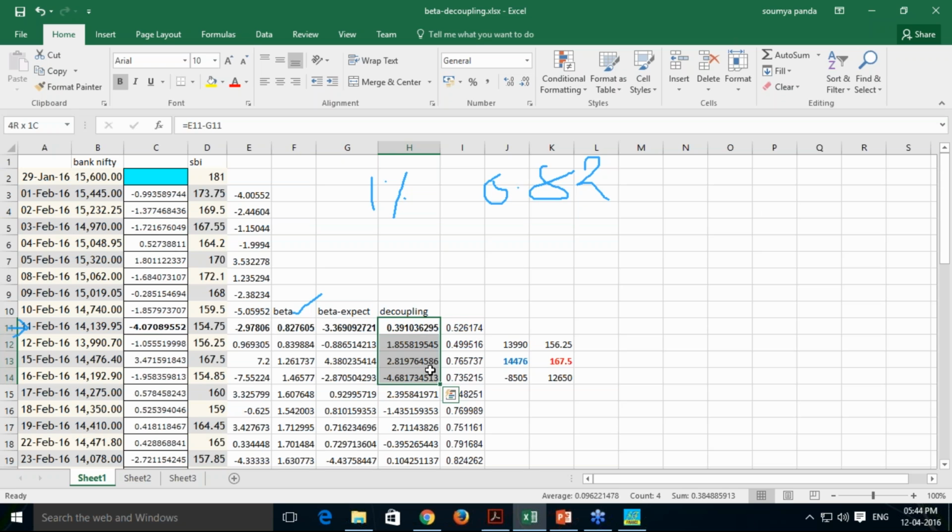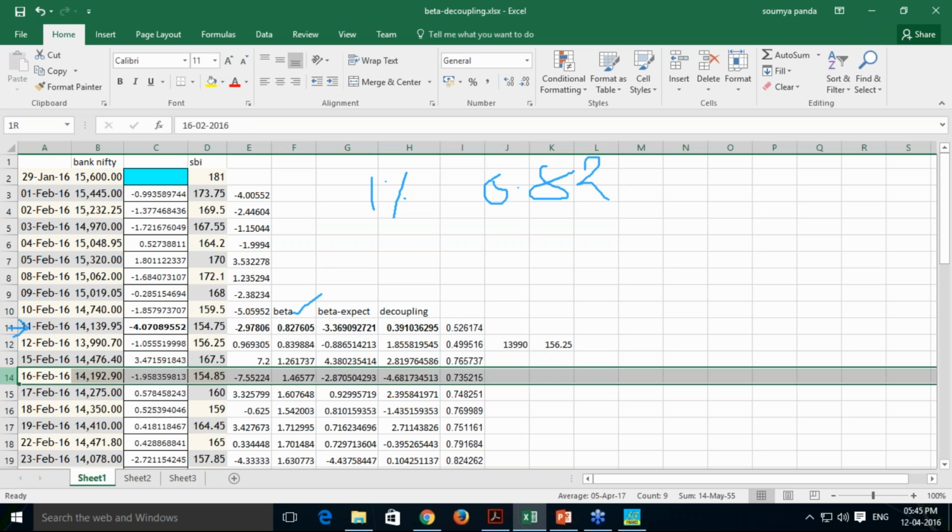So it has reduced to a great extent. Here my decoupling has reduced, and by 16th February all the decoupling values I calculated have perished.